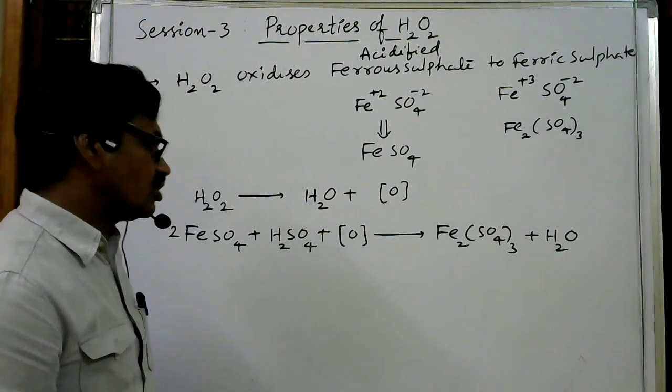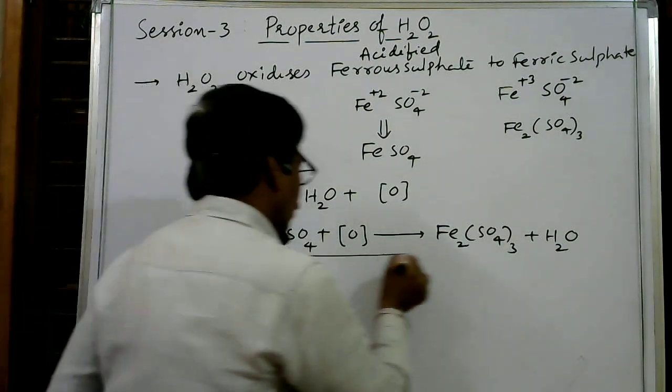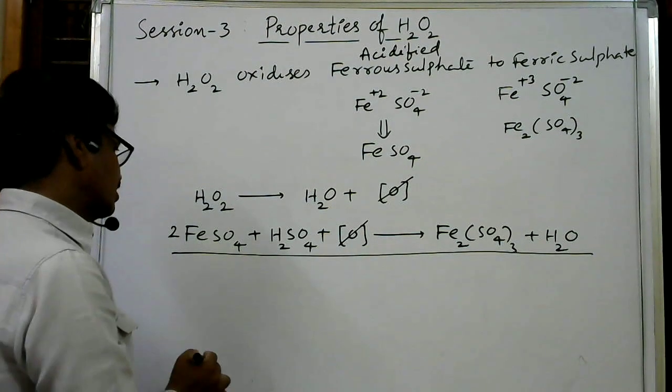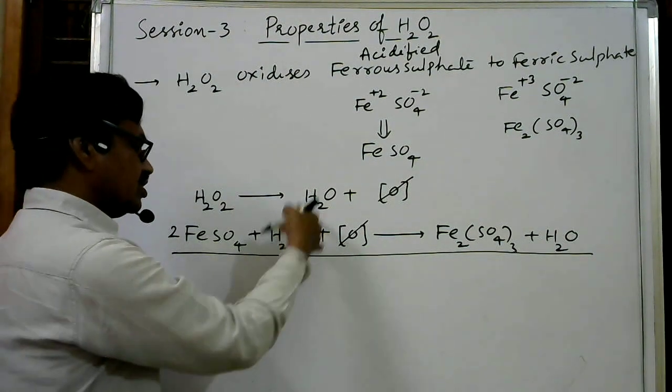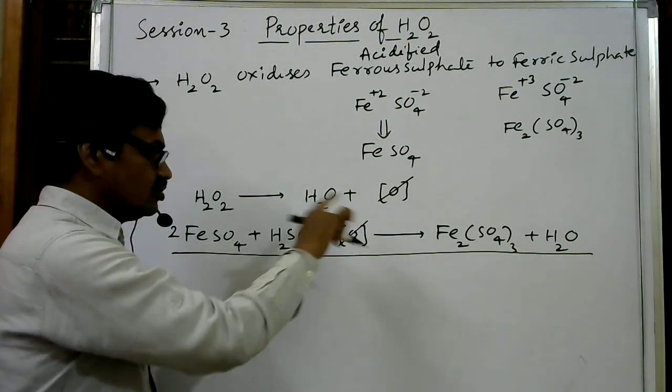If you write the total reaction, we get the overall reaction. See here, the nascent oxygen gets cancelled. Then a water molecule is present on the product side, and there are also water molecules on the product side, so those can be added.